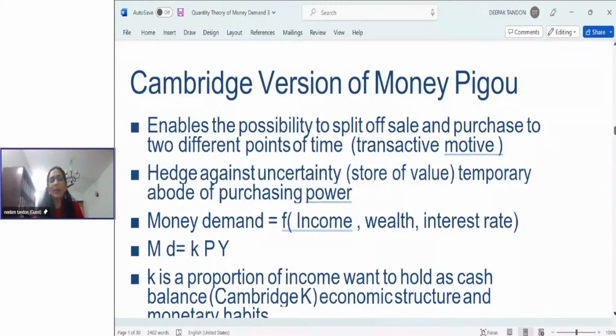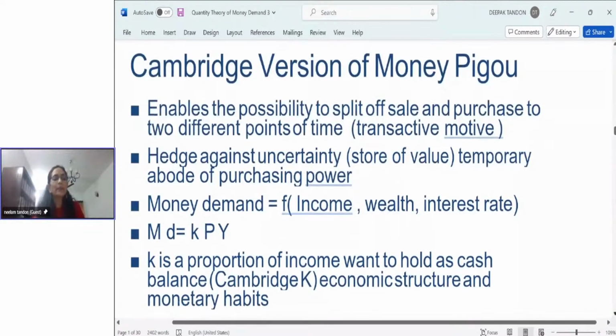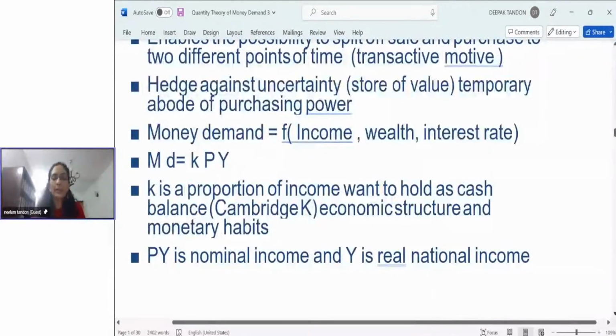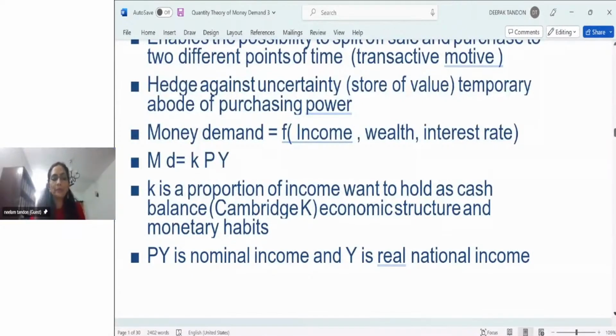So if you look at the formula here, money demand has a coefficient K, price P, and income Y. What is K? K is the proportion of income people want to keep. It depends on monetary habits, isn't it? For example, I'm getting a salary of 10,000 rupees, just an assumption, as my income.